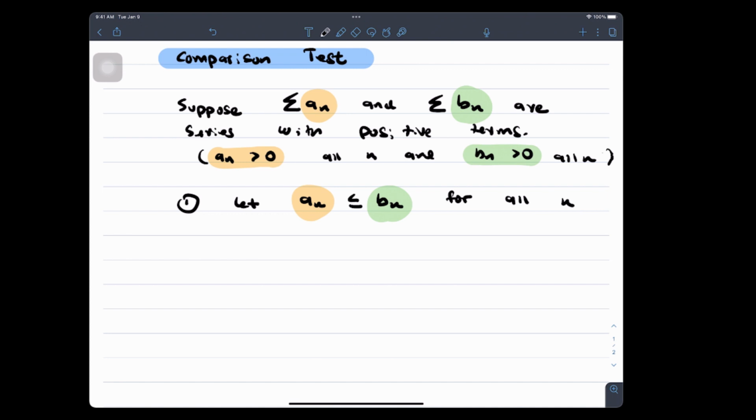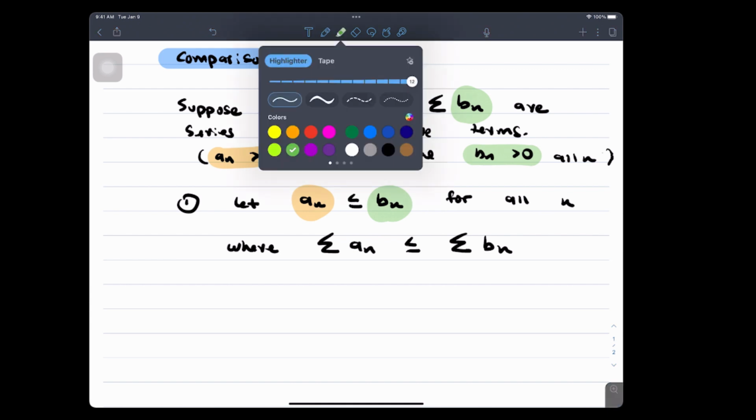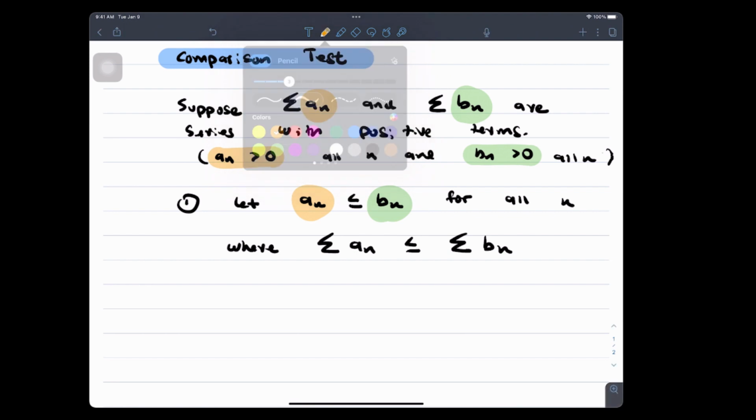What we're really saying is that when we add every term, the sum of a_n is less than or equal to the sum of b_n.